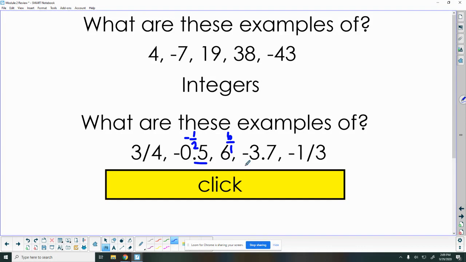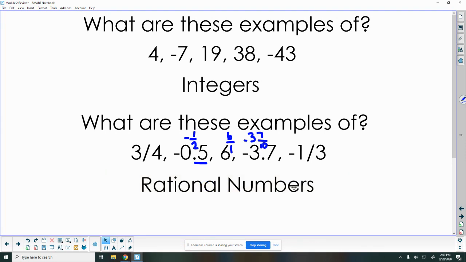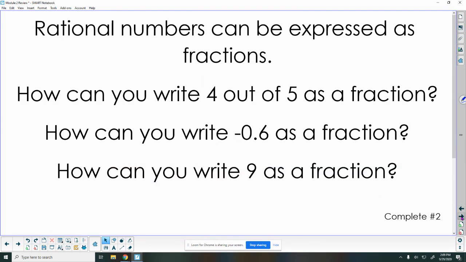And over here, I have -3 and 7/10 to make that a fraction there. So decimals, whole numbers, and fractions can all be written as fractions, and we call these rational numbers. Rational numbers are expressed as fractions.